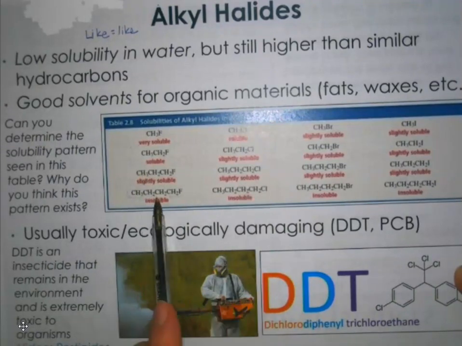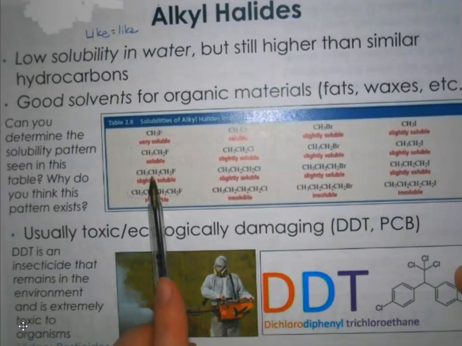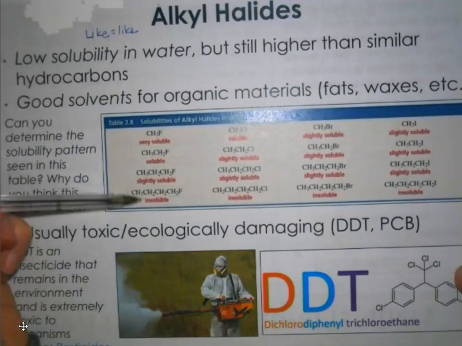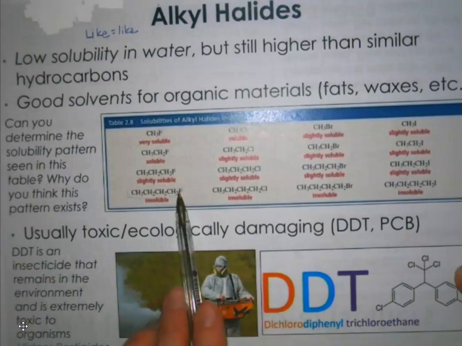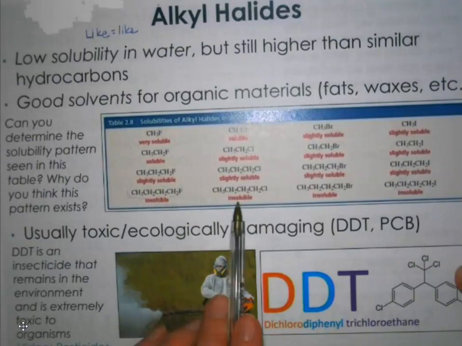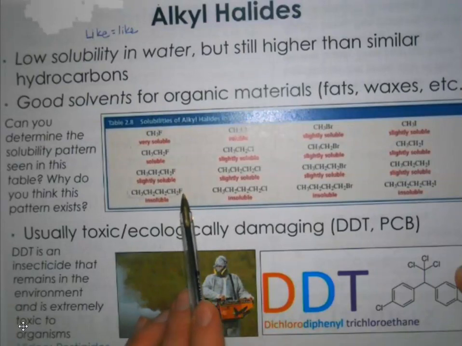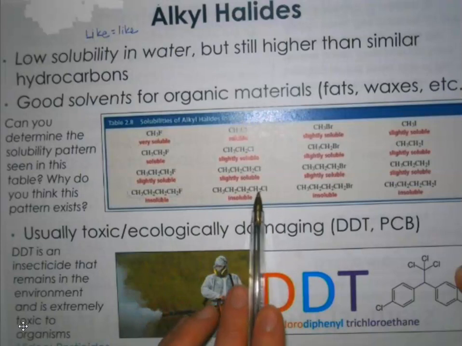The most you would be asked to do would be to choose between 2 of the same that have a longer carbon chain, or 2 of the same that have different halogens. So you wouldn't have to know that both of them are insoluble, but you would have to be able to say that the one with fluorine is more likely to be soluble than the one with the chlorine.